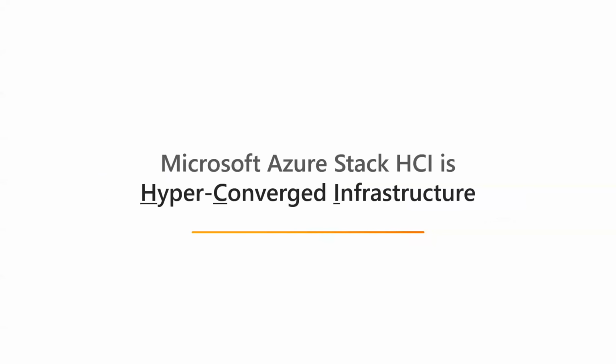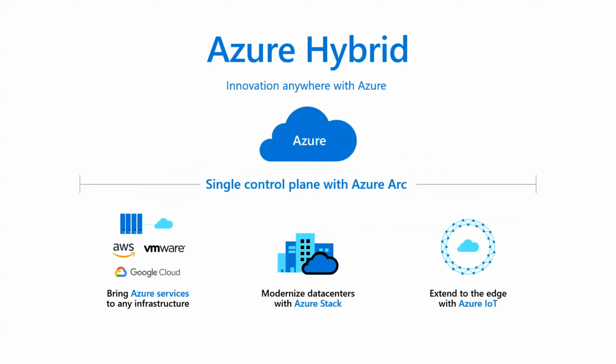Azure Stack HCI, what HCI is, is hyperconverged infrastructure. And Microsoft thinks of Azure Hybrid as a comprehensive approach where we are offering a unique hybrid capability that gives customers the flexibility to innovate anywhere in their environment.